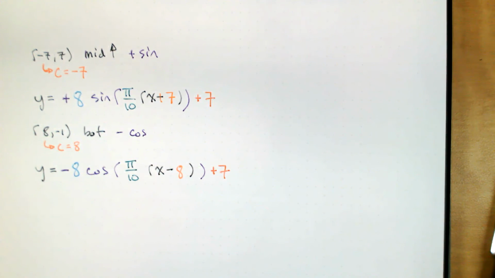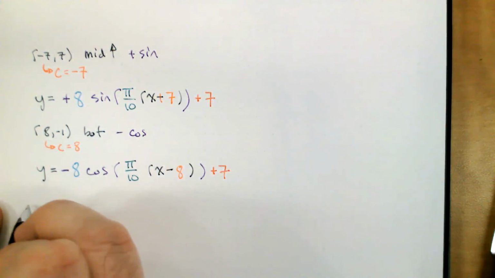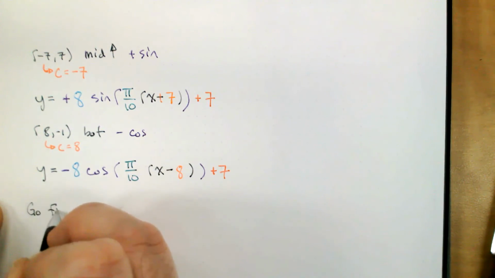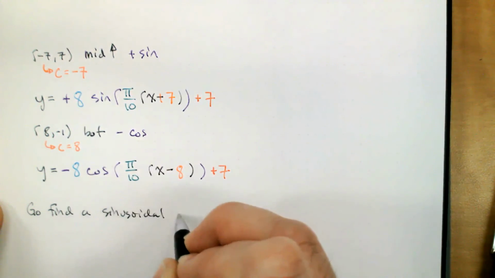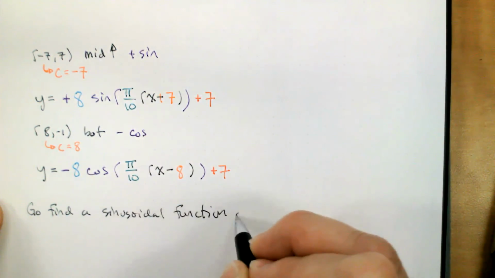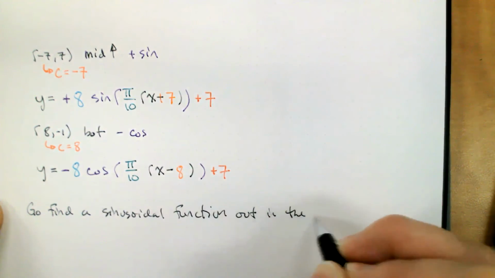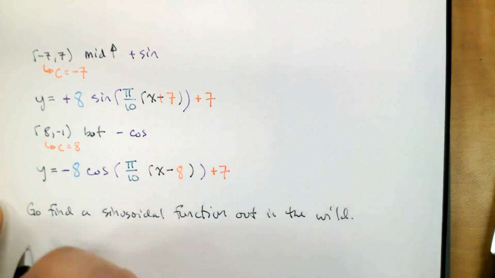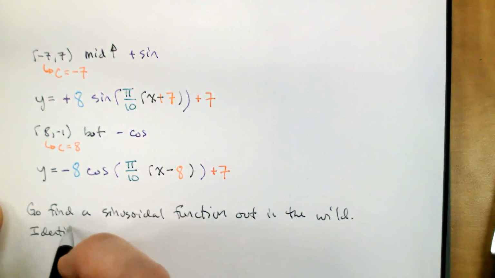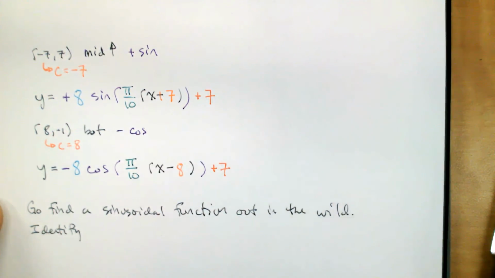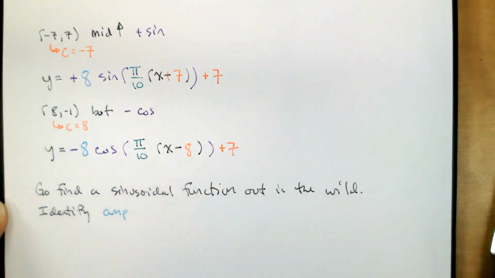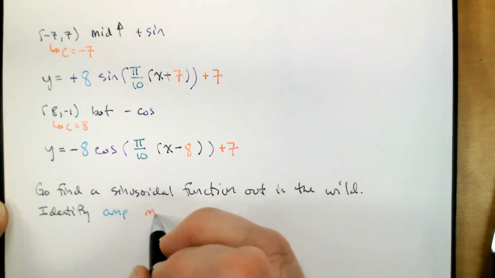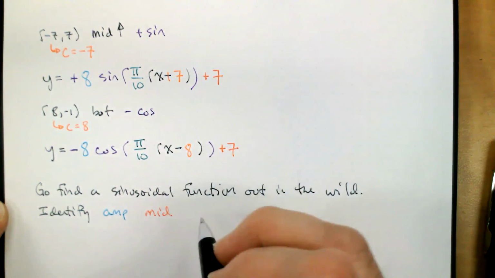Go out and find a sinusoidal function out in the wild, and identify all the things that we need to know to write an equation. The amplitude, the middle, and the period.